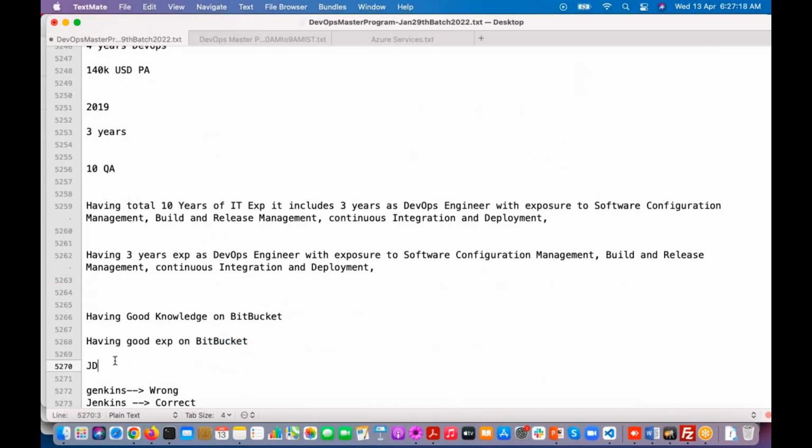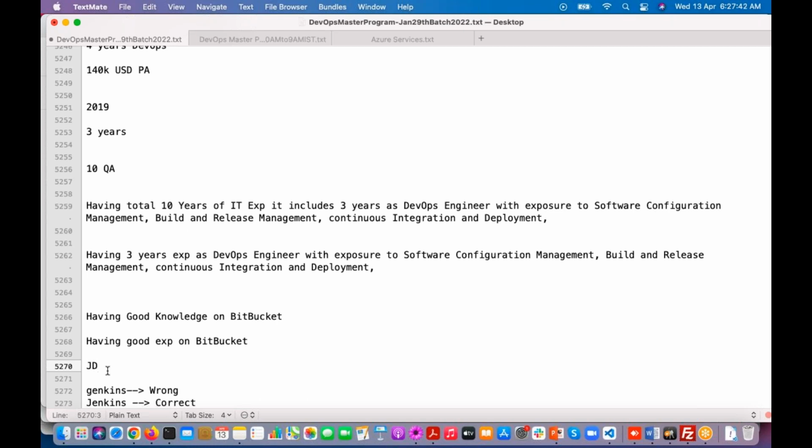JD means job description, so what they are looking for, which tools they are looking for. What is the requirement they are going to mention in this JD? So before giving the interview, just check that JD.